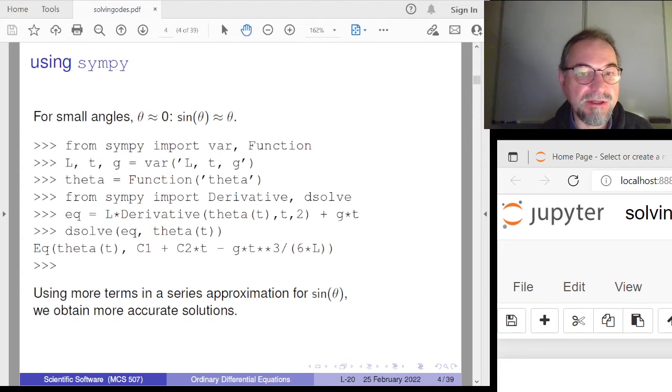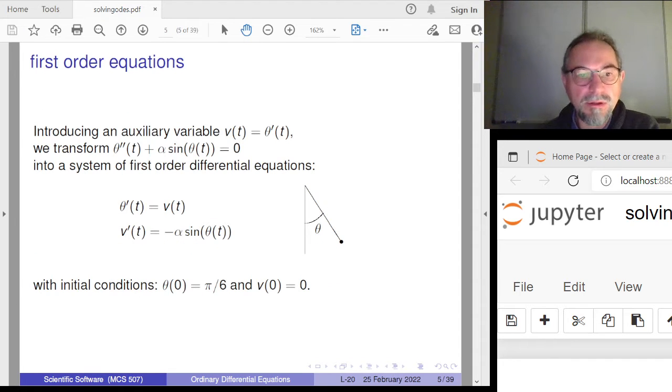C1 will be the initial angle, C2 will depend on the initial velocity. So this is a symbolic solution using dsolve from SciPy. SciPy can solve this completely symbolically without using the initial conditions. If you want to do this numerically, that won't work.